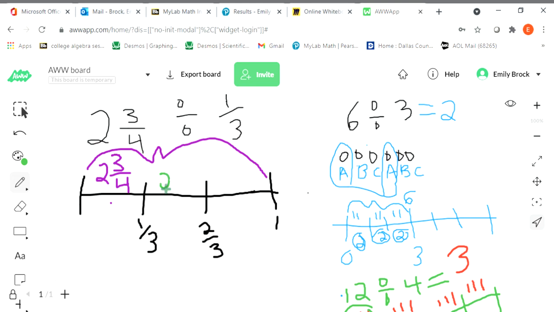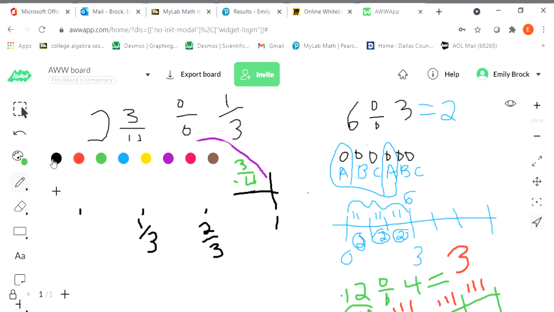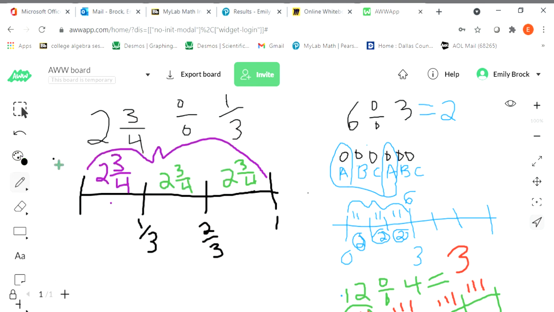So the other third also needs 2 3/4. And the last third needs 2 3/4. So our answer to 2 3/4 divided by 1/3 is going to be 2 3/4 3 times. Let's go back to black, or maybe green.